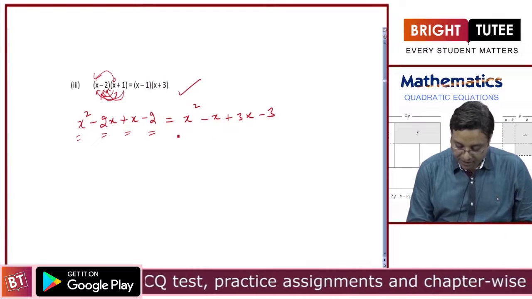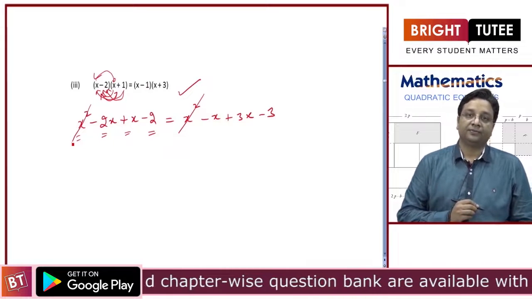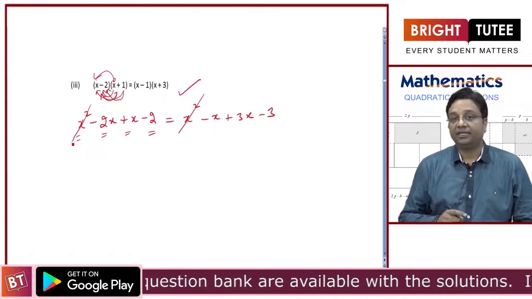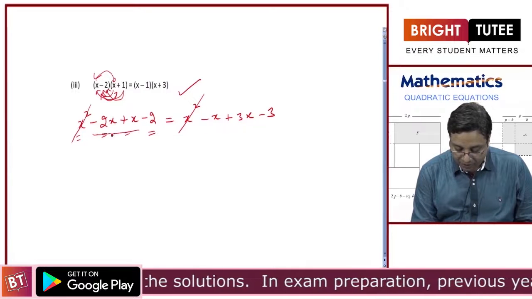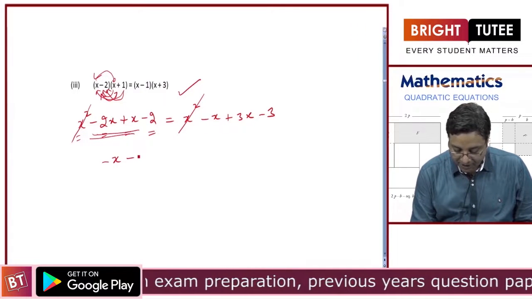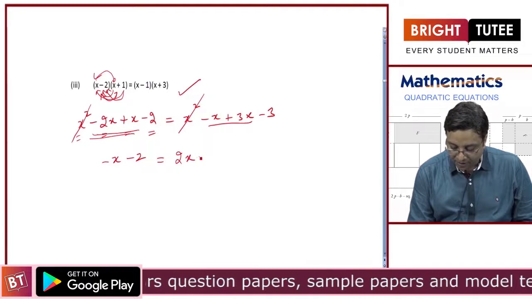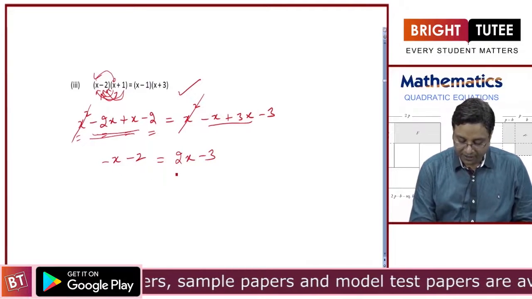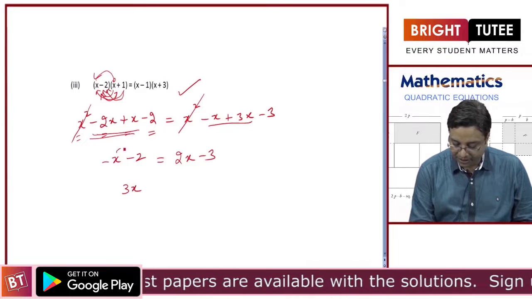Now you can see that x square gets cancelled here, right? The square term gets cancelled in this question. Now we have got minus x minus 2 on the left hand side, plus 2x minus 3 on the right hand side. So it will be 3x when I take this minus x here.